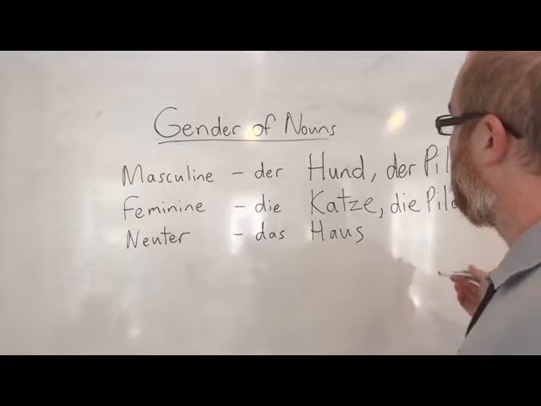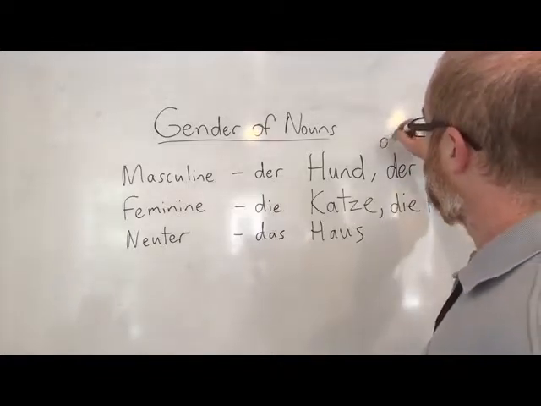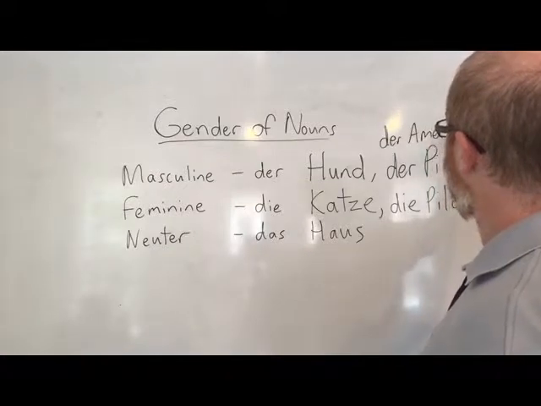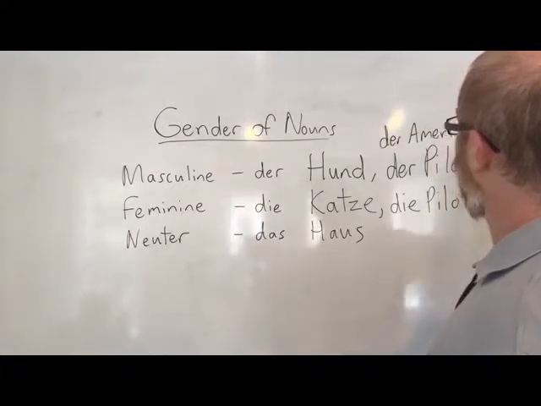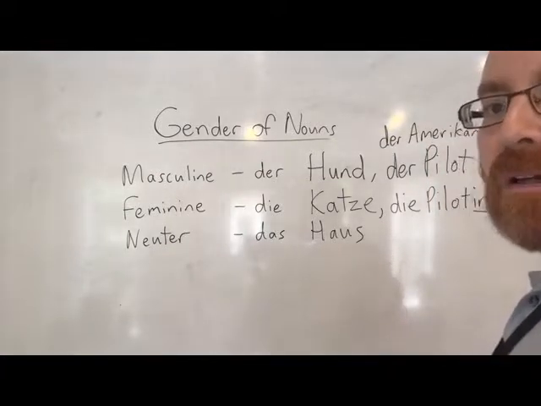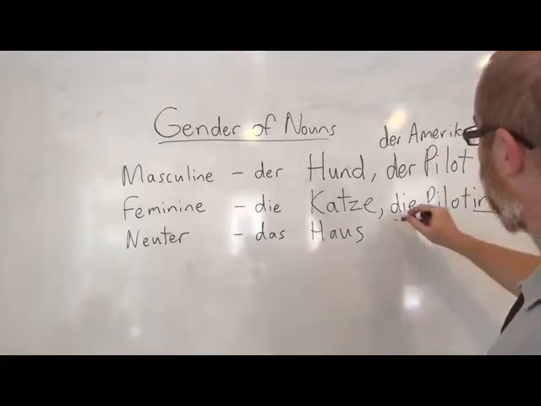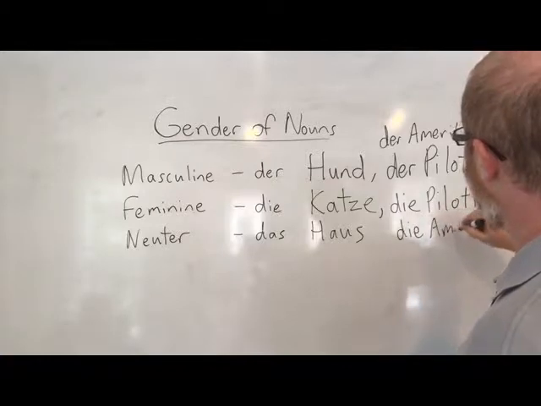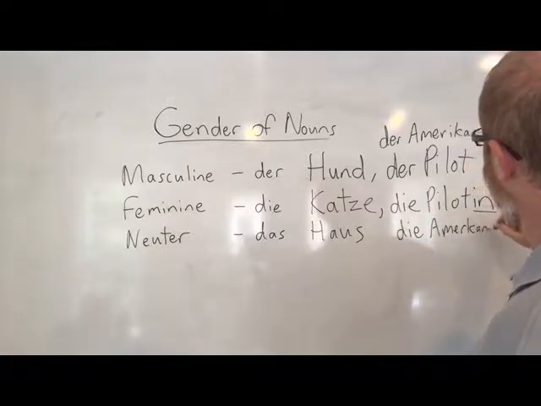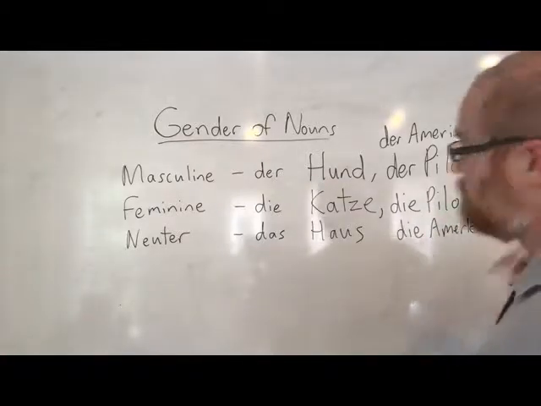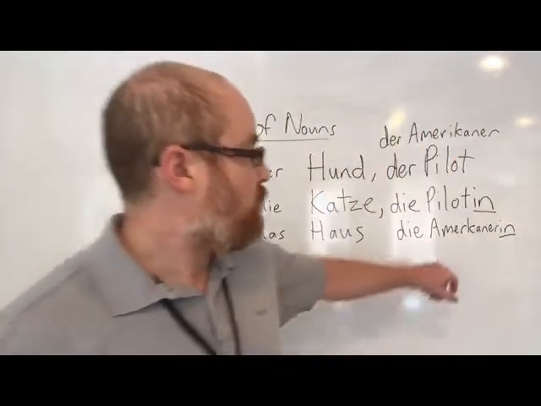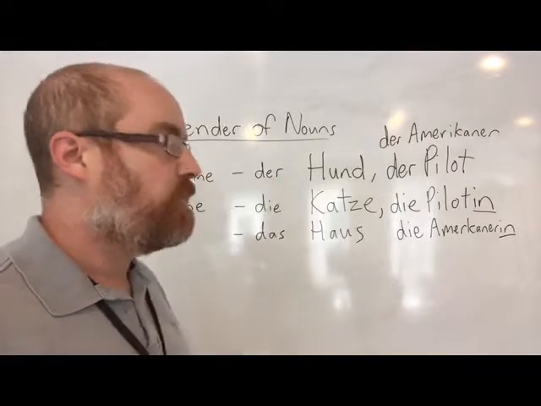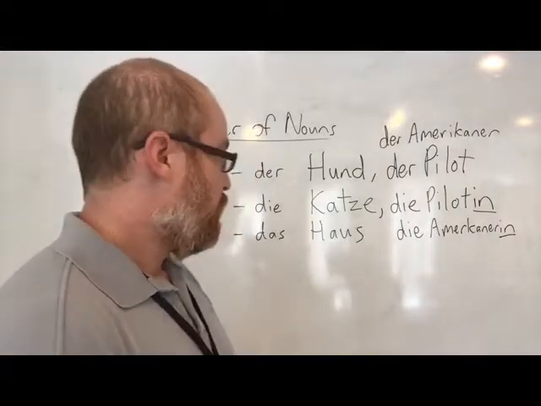But another example would be der Amerikaner, which is the American male, or die Amerikanerin. Again, we see that we have an in ending at the end of Amerikaner to give it the feminine form.